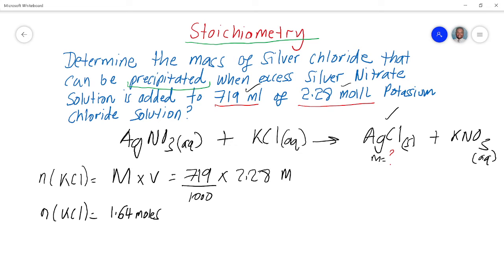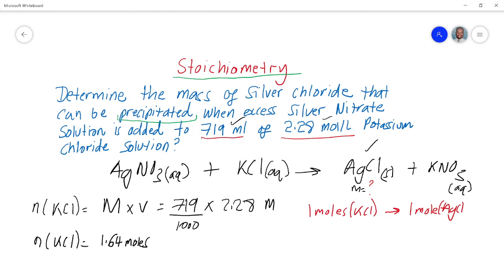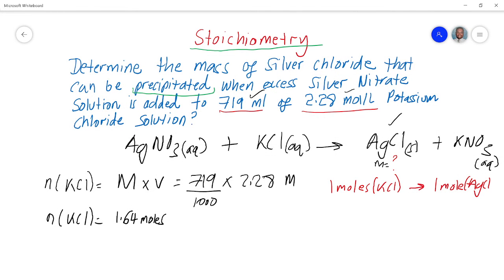You can see here we've got 1 mole KCl to produce 1 mole AgCl. Let me zoom in a little bit. There you go. So we've got 1 mole KCl to produce 1 mole AgCl, so you can see it's a 1-to-1 ratio.